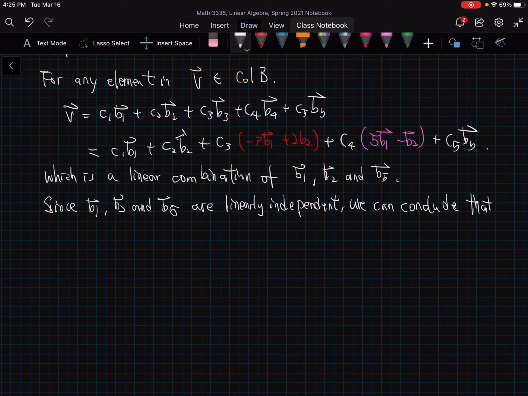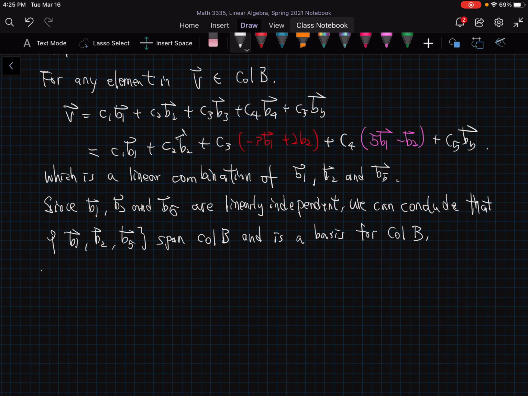We can say that this set B1, B2, B5 spans the column space of B and is a basis for the column space of B.